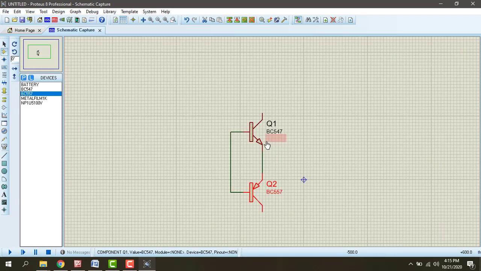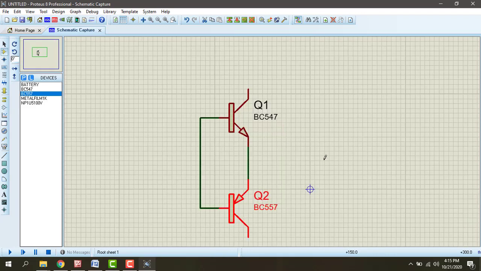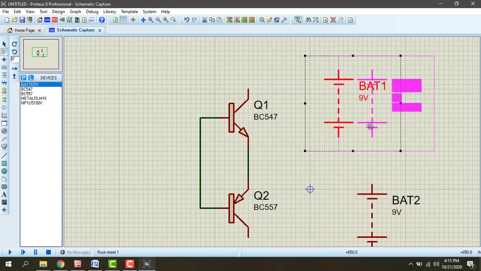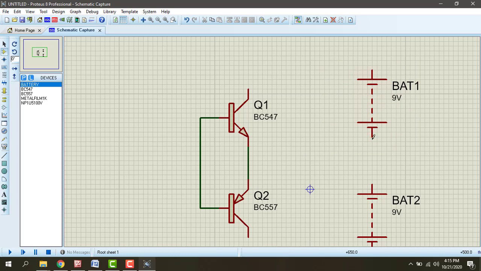And we need a power supply, a dual power supply. So how are we achieving the dual power supply? We have one RPS or battery and another RPS or battery. So we should connect these two batteries, minus to plus, and that should be grounded.